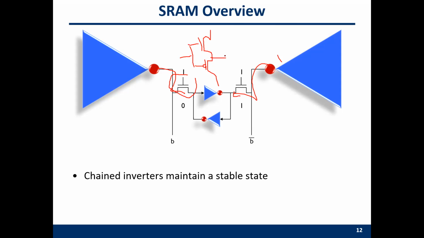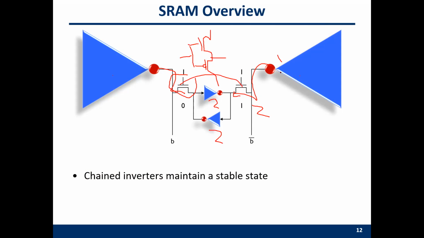You can look up our slides about the VLSI design. This is a pull-down network and a pull-up network. This is one inverter. One inverter has two transistors. So we have two transistors here, two transistors here, and another two transistors here.